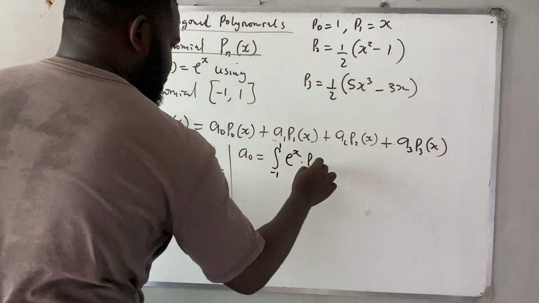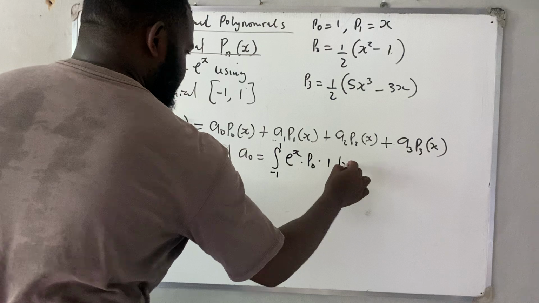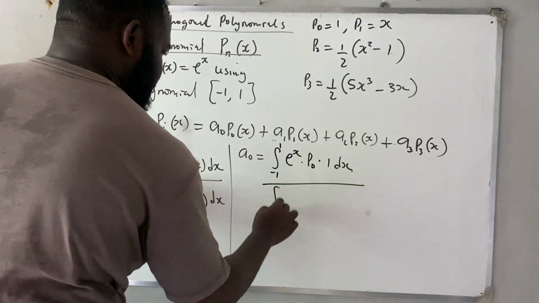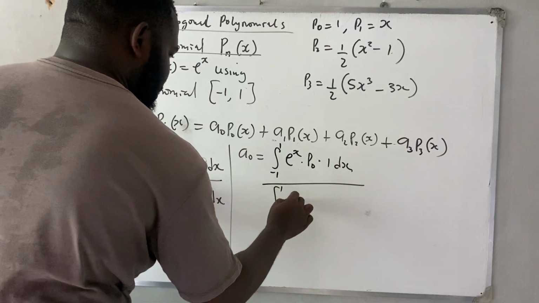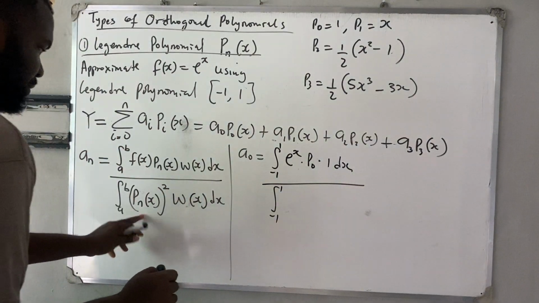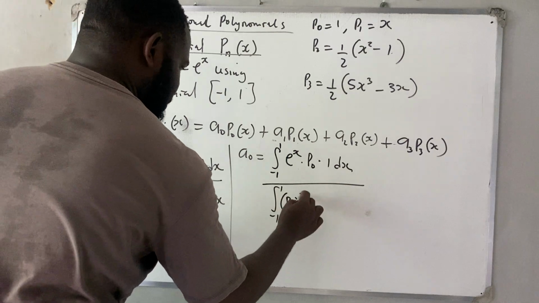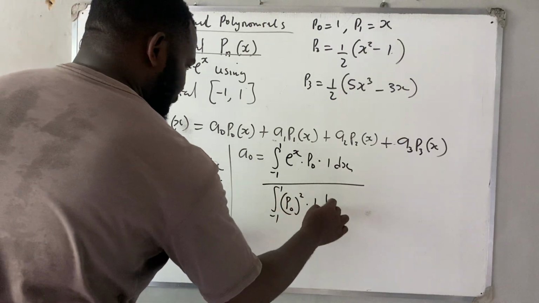So p naught, multiplied by the weight function 1 dx, all over the integral again from -1 to 1 of our p naught again, all squared, multiplied by weight function 1 dx.